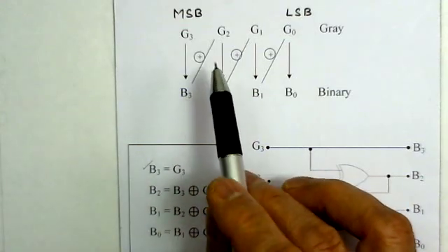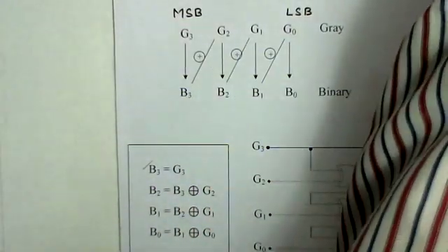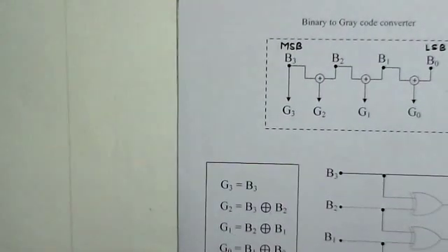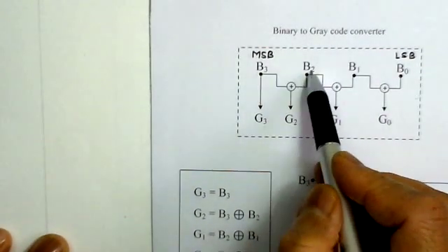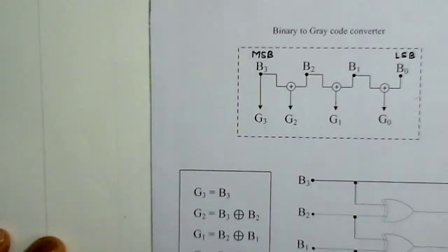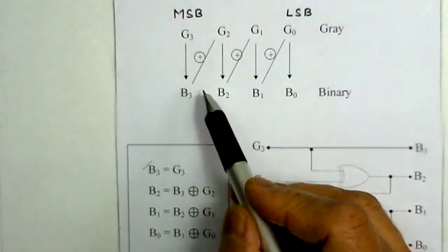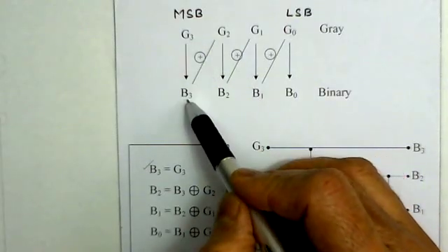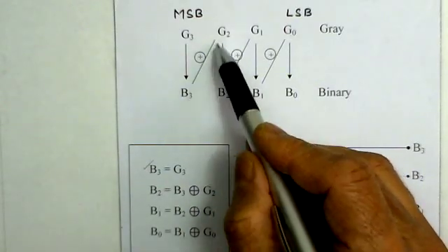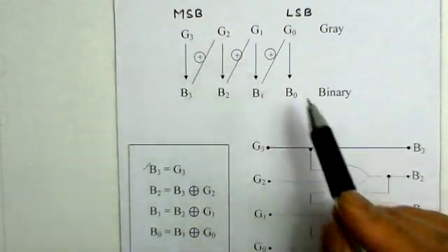If it was binary, they were binary only, like you can see here. But in this case it is a combination of the gray bit and the converted binary bit, so it's the exclusive OR of these two.